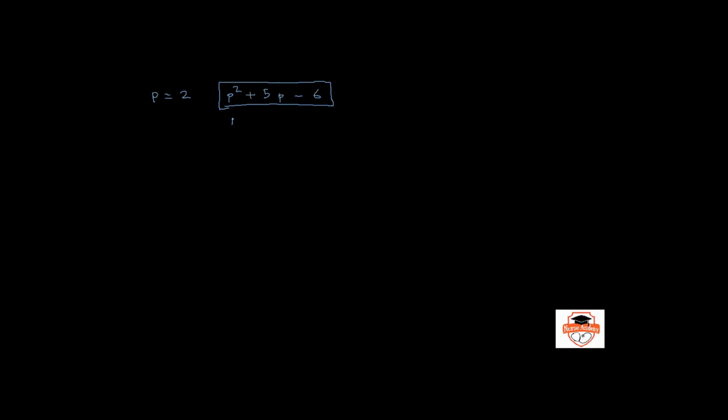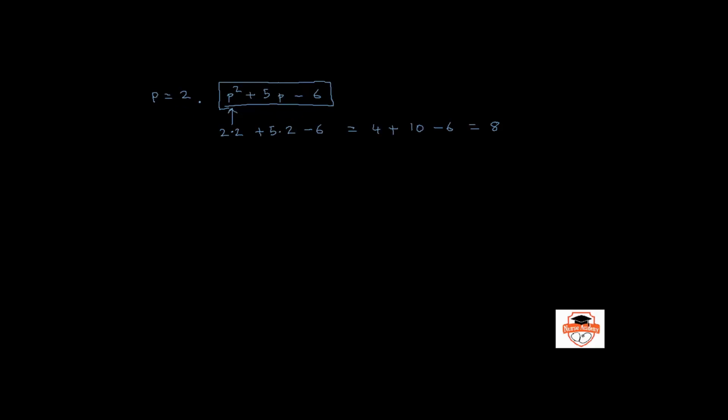So this is p square, which means p times p or 2 times 2, plus 5p is 5 times p or 5 times 2 minus 6, which is 4 plus 10 minus 6 or 14 minus 6, which is 8. So the value of this expression p square plus 5p minus 6 is 8 if p is equal to 2.